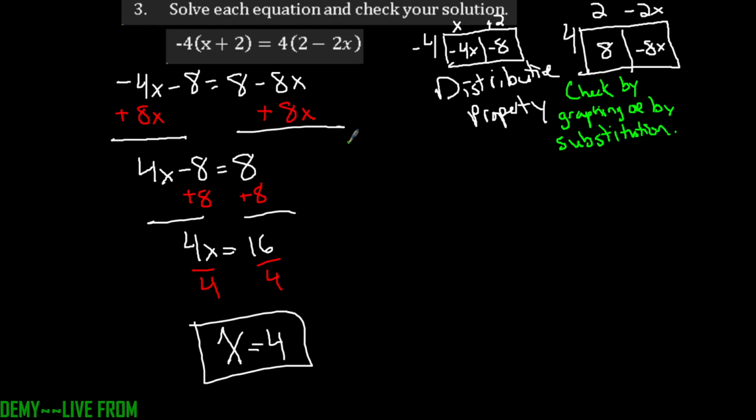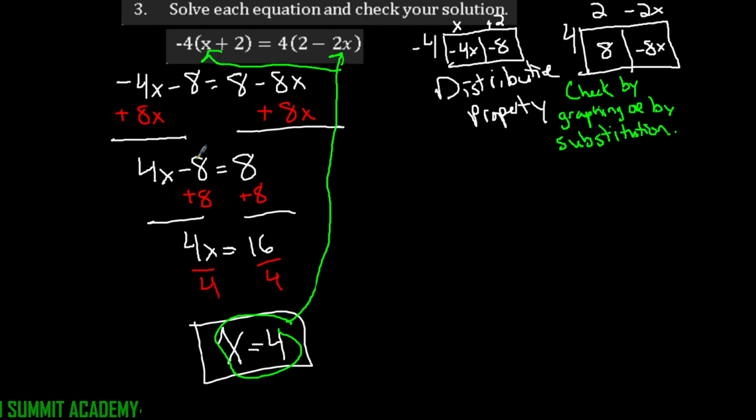When I say substitution, what that means is I can take the answer we found. We said when x equals 4, these should be equal, and I can plug it back into our original equation. Wherever I have an x, I now should have a positive 4. So let me just do this as an example.